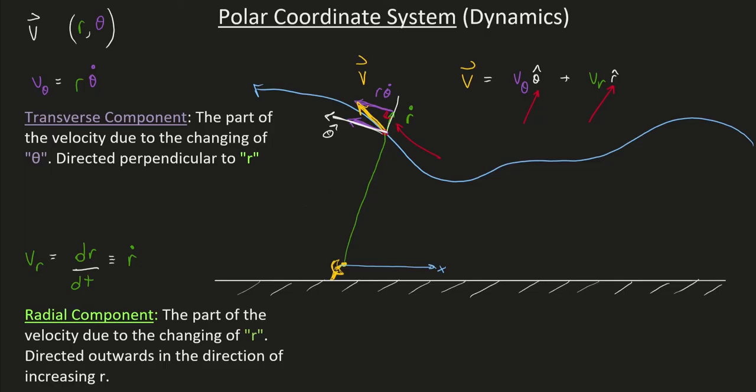And here is my radial axis, which is outwards in the direction of increasing r. So my radial component is in that radial axis, and my transverse component of velocity is in the transverse axis, just like the x and y components of velocity are in the x and the y directions. Same thing.